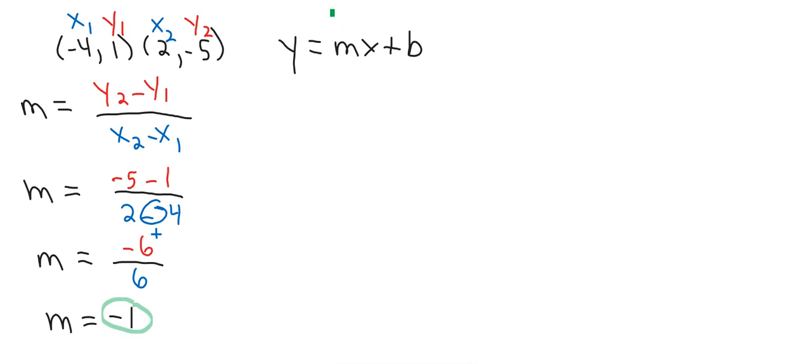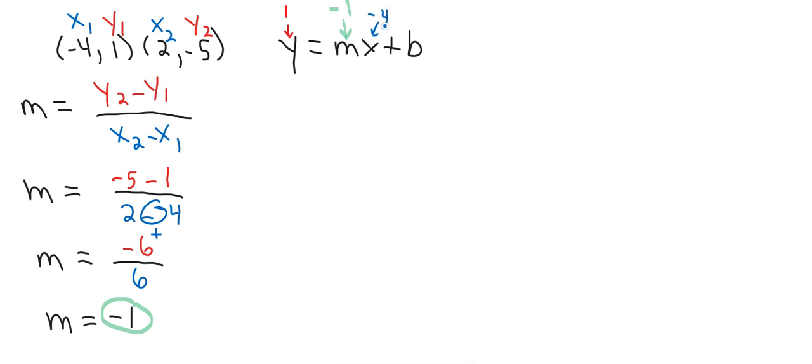Okay, so let's plug in negative 1 for m. And then I'm going to use x1, y1 to plug in for x and y. So our y1 is 1, so I'm going to plug in 1 for y. And our x1, or x, is negative 4.